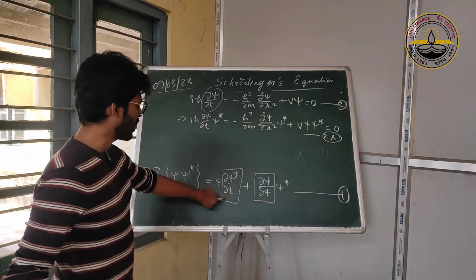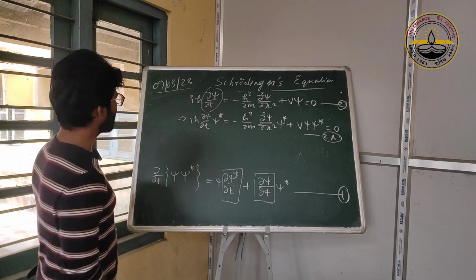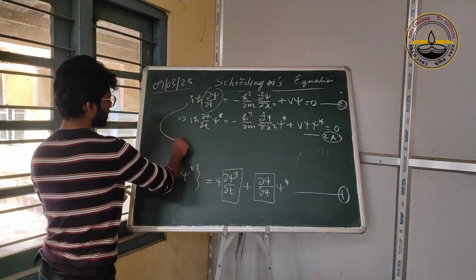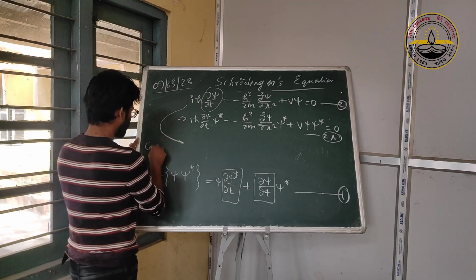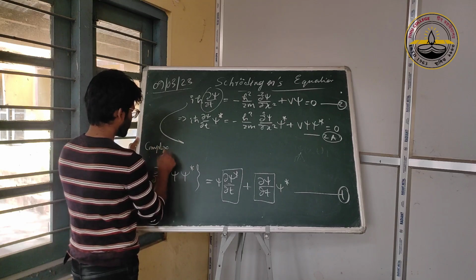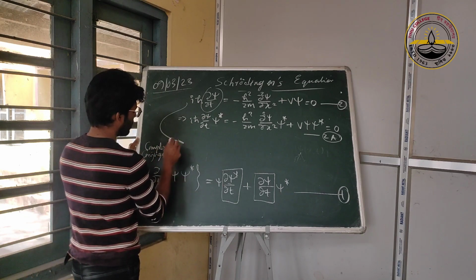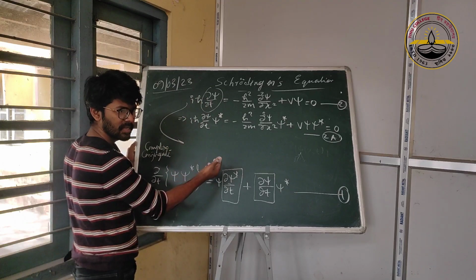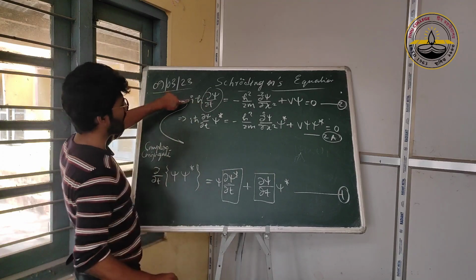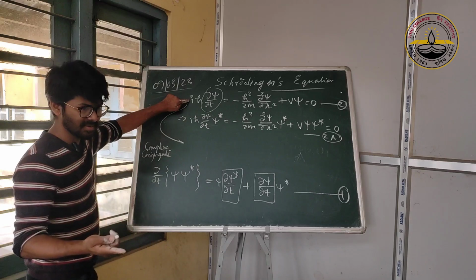Okay, now we need this one. This we can get by directly taking the complex conjugate of Schrodinger's equation itself. If you take the complex conjugate, i will become minus i, right?